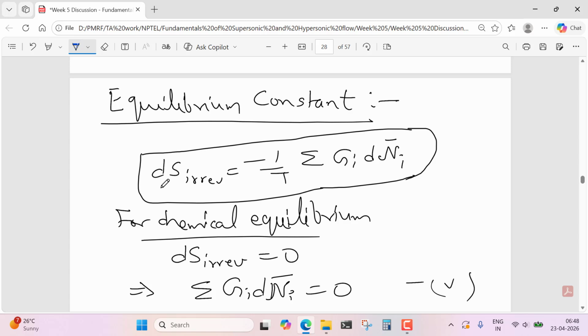Before, we found that dS irreversible equals minus 1 upon T sigma Gi dNi bar. For chemical equilibrium, dS irreversible will be equal to 0, so we get sigma Gi dNi bar equal to 0.